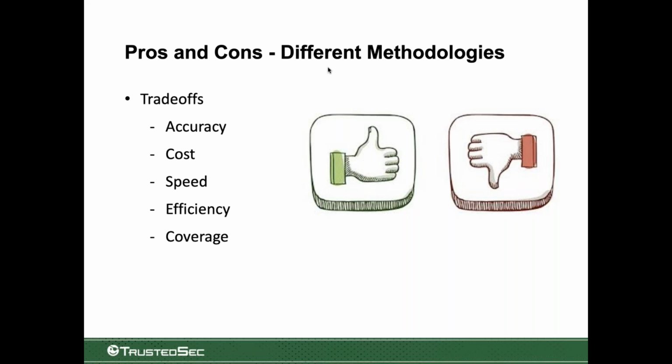And so a lot of times they'll go with the black box approach or more of a time limited approach. But this is the same methodology that we use in any kind of application testing, any kind of network testing. Obviously, we want to do as much testing as possible, but there are some trade-offs for the different methodologies. So speed, efficiency, coverage, that kind of thing.